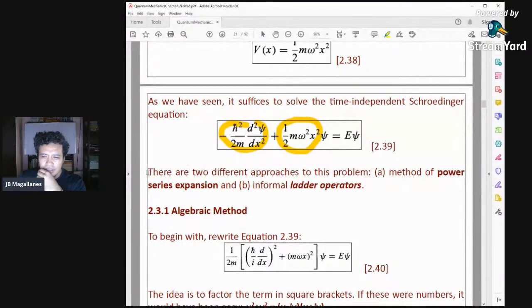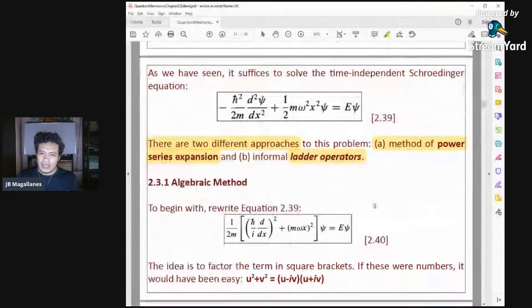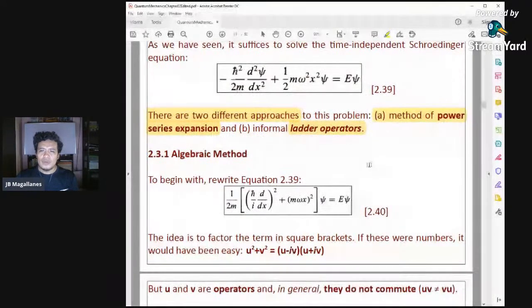So there are two different approaches to solve this Schrodinger equation. The first one would be methods of series expansion, and the other one would be ladder operators. We will solve first this Schrodinger equation, this TISE, using ladder operators.